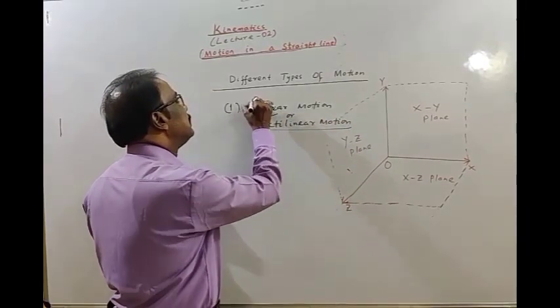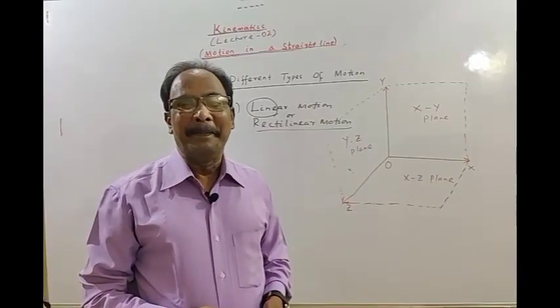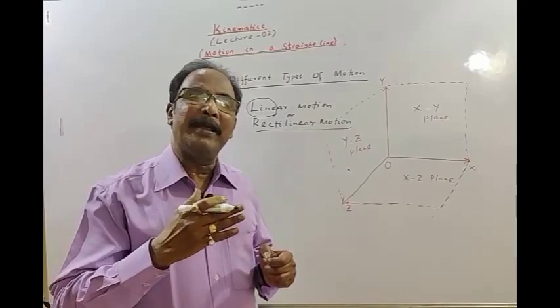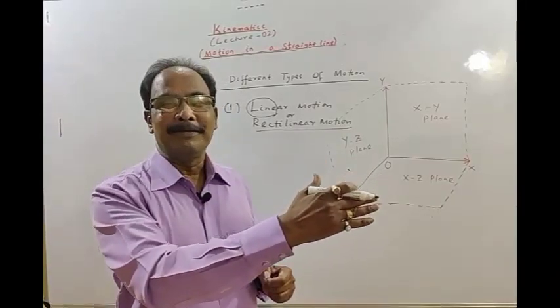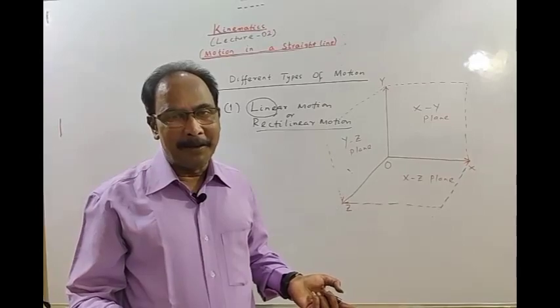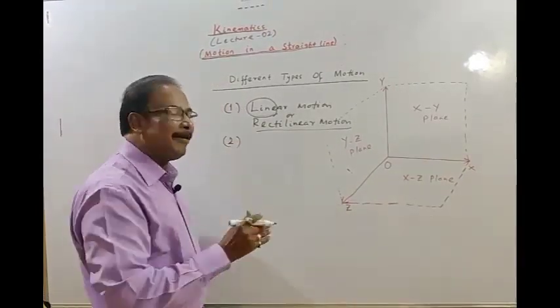See students, the word linear comes from line. If a body moves along a straight line, then it is called linear motion or rectilinear motion. These are only fundamental discussions.